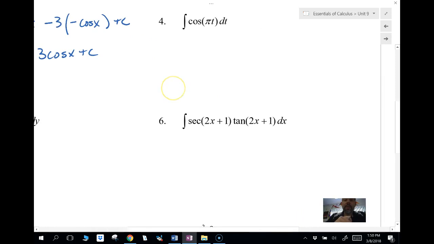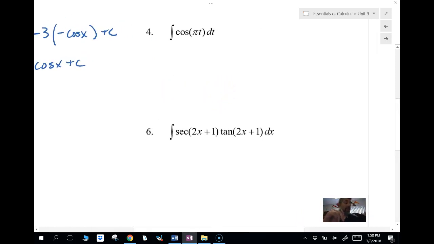All right, number 4. Integral of cosine pi t. This right here is going to be a reverse chain rule. Anytime we have a number or something inside the parentheses for our trig function, that is a reverse chain rule. So let's reverse chain rule this bad boy.